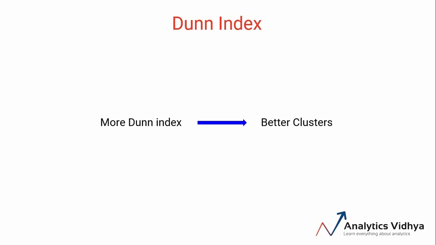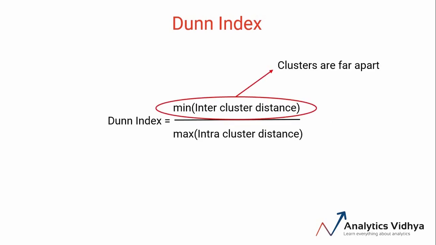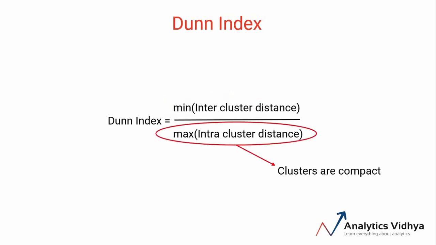Let's understand the intuition behind the Dunn index. We want to maximize the Dunn index, and in order to maximize a ratio, the numerator should be maximum. Simple math, right? Here, we are not taking the maximum of the inter-cluster distance, but the minimum. So the distance between even the closest clusters should be larger, which will eventually make sure that the clusters are far away from each other. Also, the denominator should be minimum to maximize the Dunn index.